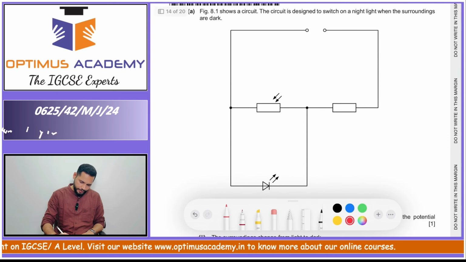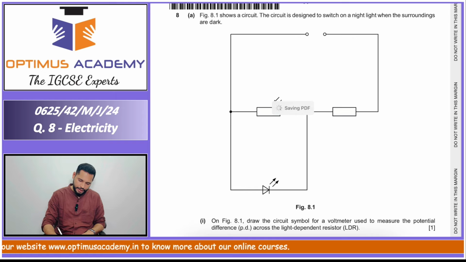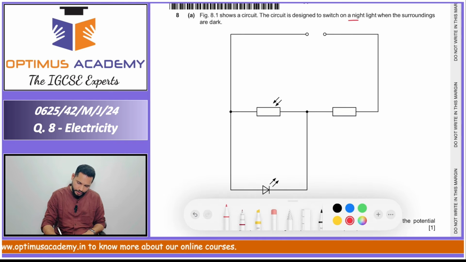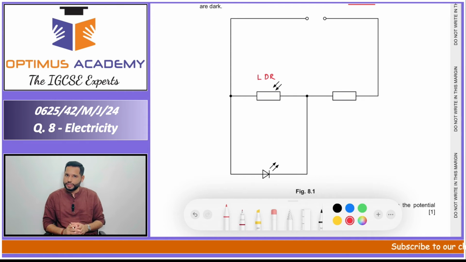Question number 8. Figure 8.1 shows a circuit. The circuit is designed to switch on a night light when the surrounding is dark. See the circuit first. In the circuit, we are seeing one component over here. This component is LDR, light dependent resistor. We'll quickly try to understand the function of LDR.